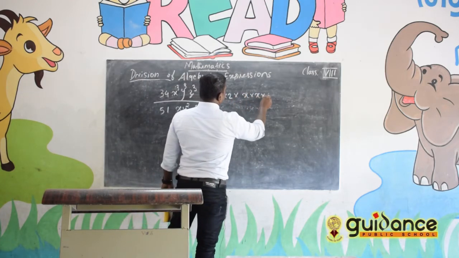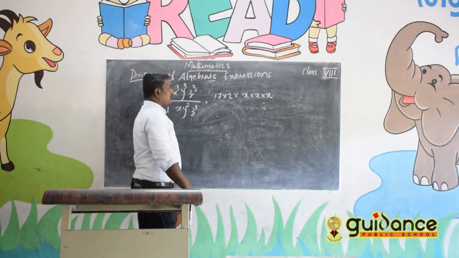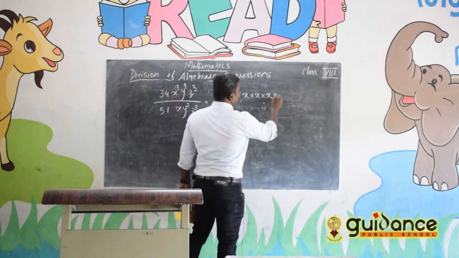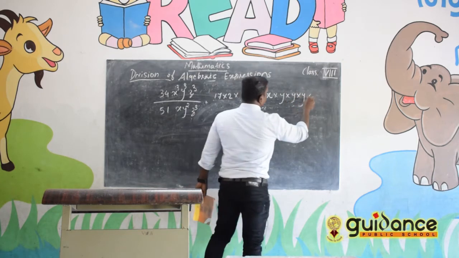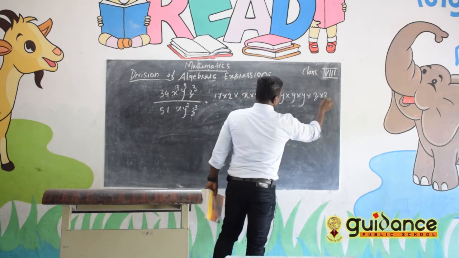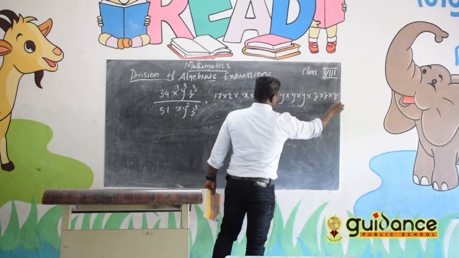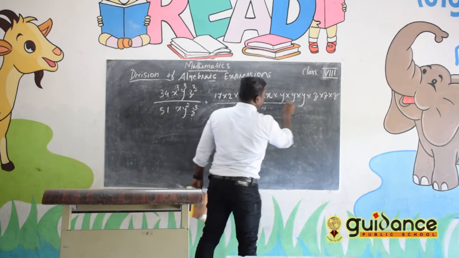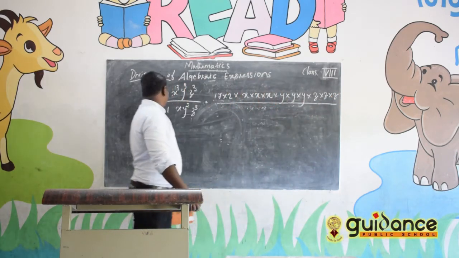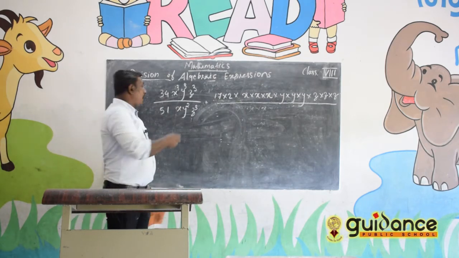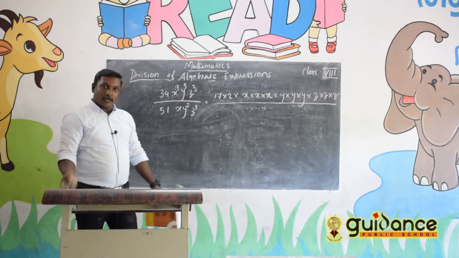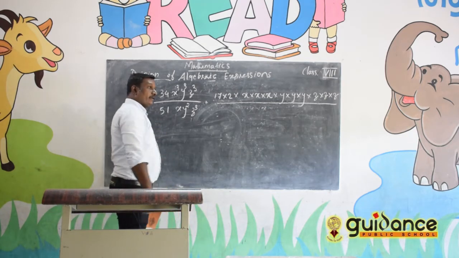into x cube we can write as x into x into x, y cube as y into y into y, z cube as z into z into z, all divided by... how can we factorize 51? According to the numerator we have to factorize the denominator, or according to the denominator we can factorize the numerator.